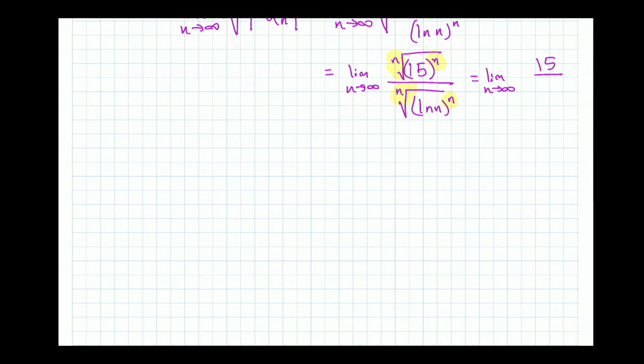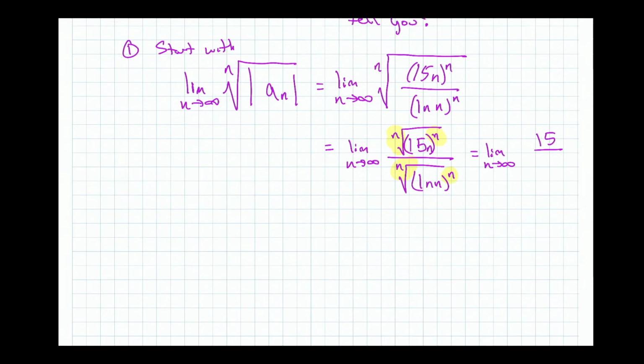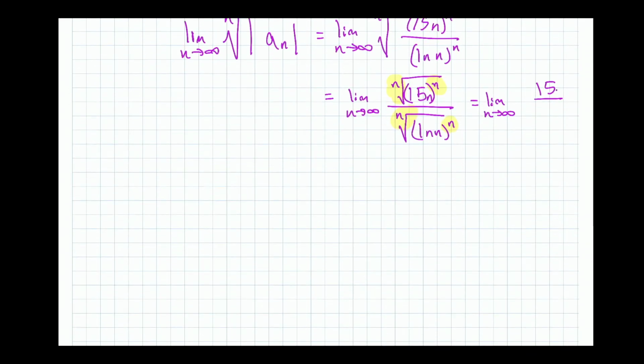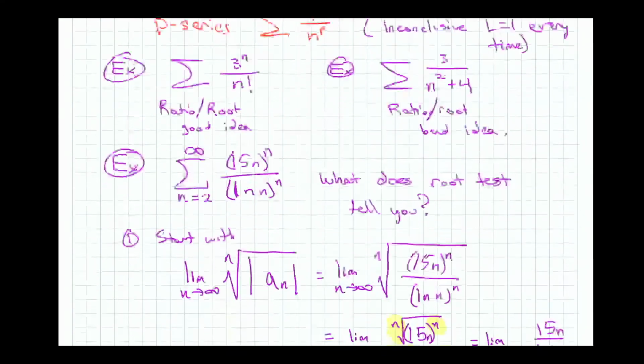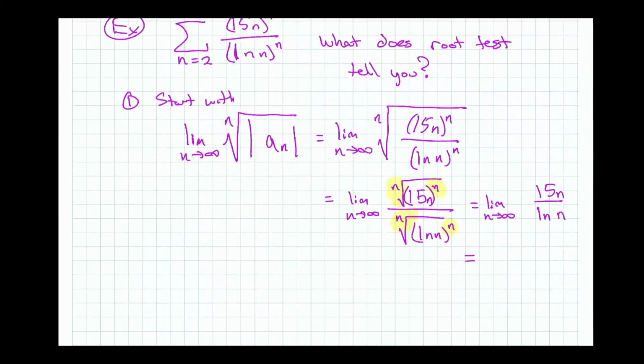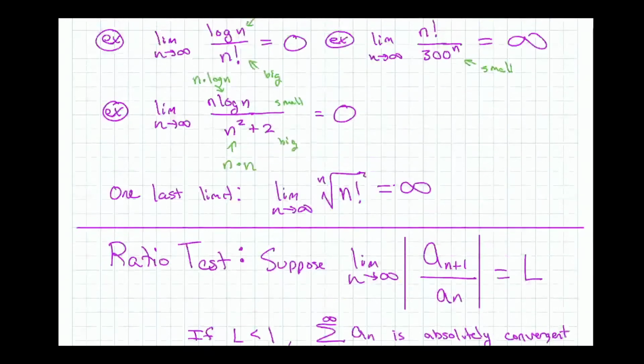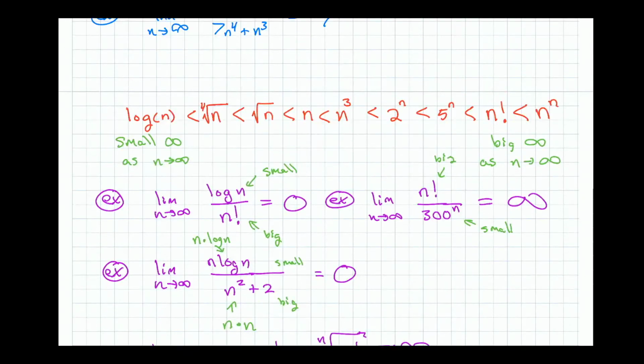Wait, I left off an n, didn't I? There's a missing n on the 15. So you're going to end up with 15n on top, and on the bottom you're going to end up with ln n. Then we need that limit, and that is why we needed to learn about these limits. So what do we have? n on top, ln n on the bottom. Remember, based on what we have here, n is bigger than a log.